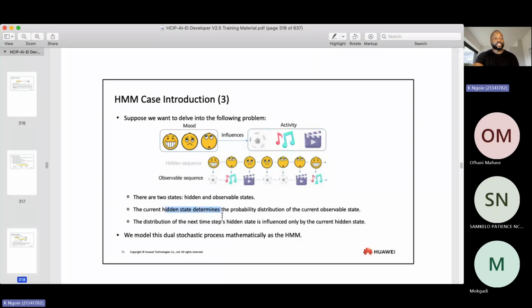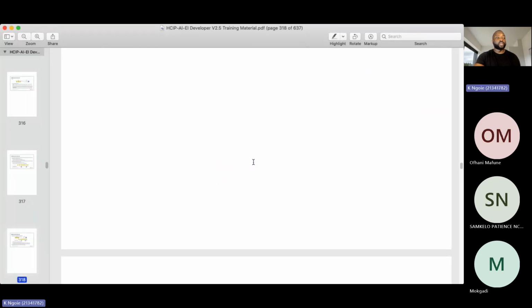The current hidden state determines the probability distribution of the current observable state, and the next time step hidden state is influenced only by the current hidden state. All right, so the hidden states will influence themselves, and then they will influence the activity.